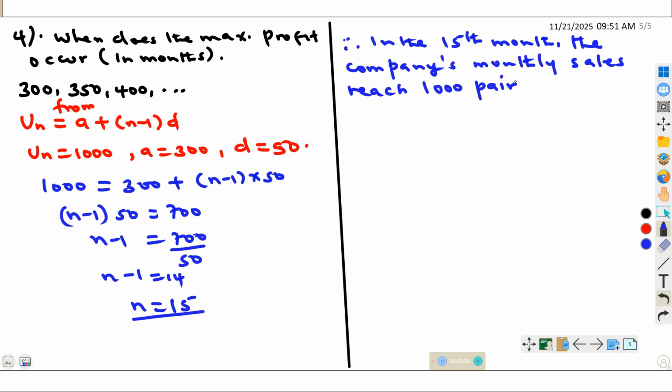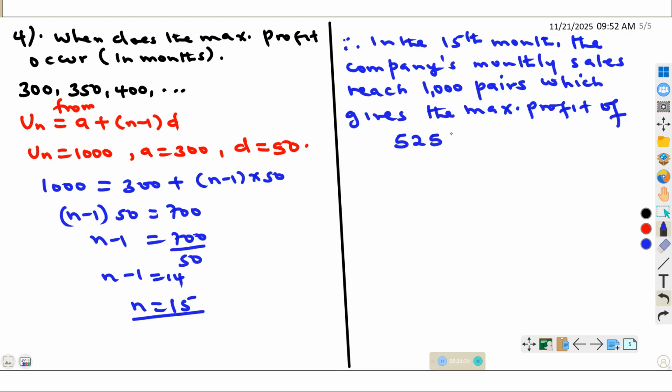Remember, 1,000 is used because this is the number of pairs that will give us the maximum profit. We reach 1,000 pairs, which gives the maximum profit of 525 million Ugandan shillings.